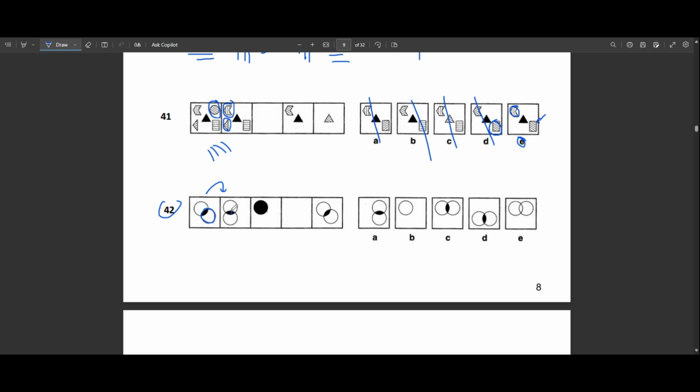So the bottom right, then bottom left, then it moves up into this section, and then it should move to the right. Okay, so we should have something like this with the black in the middle. And then you can see from here it moves down. So we know it's going to be option C because it should be like this with the black in the middle. Okay, that's the end.